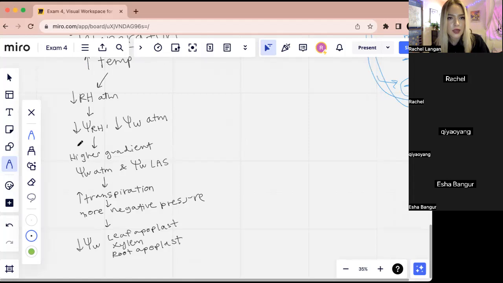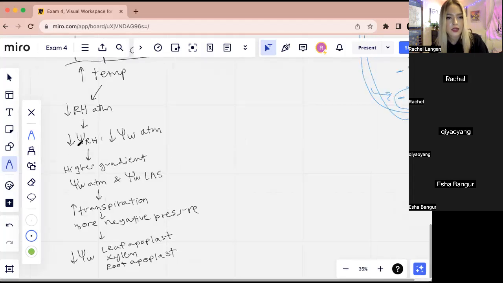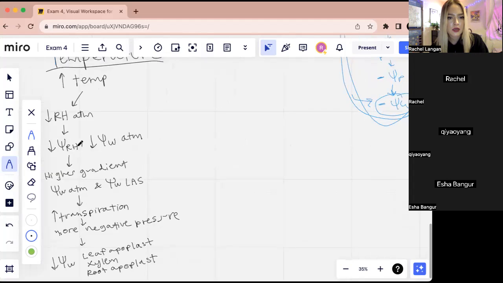All right, the other effect of increasing temperature, you could say, would be decreased water in soil.